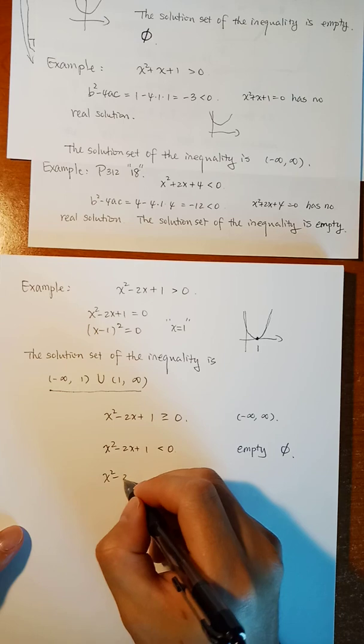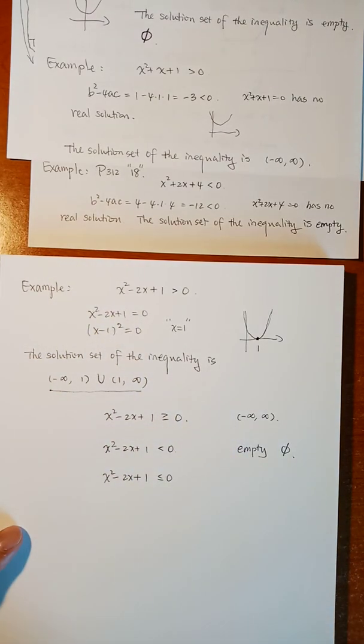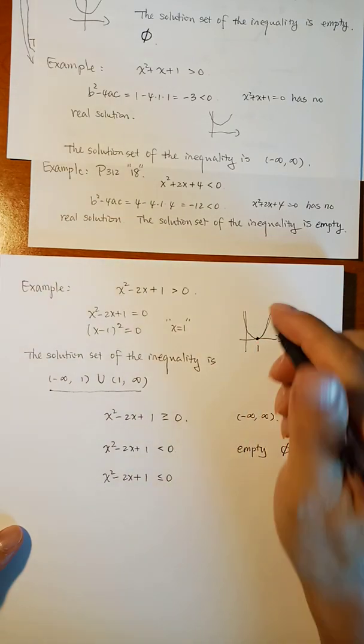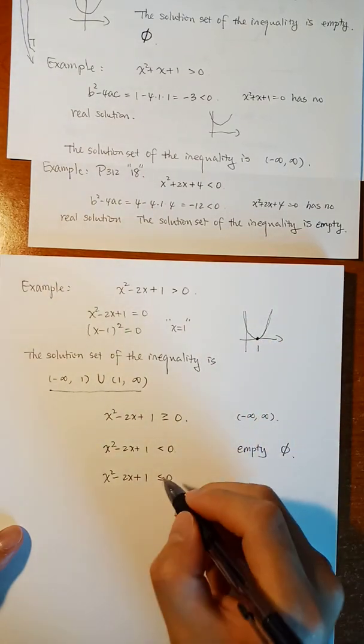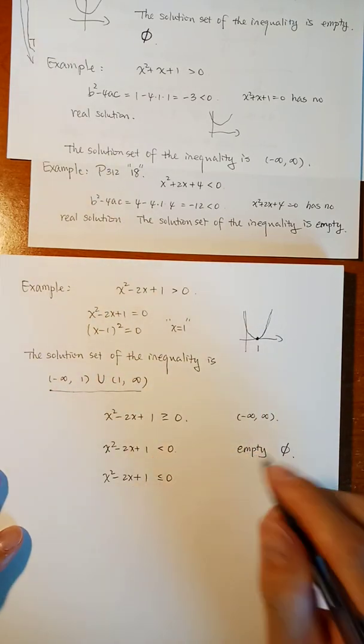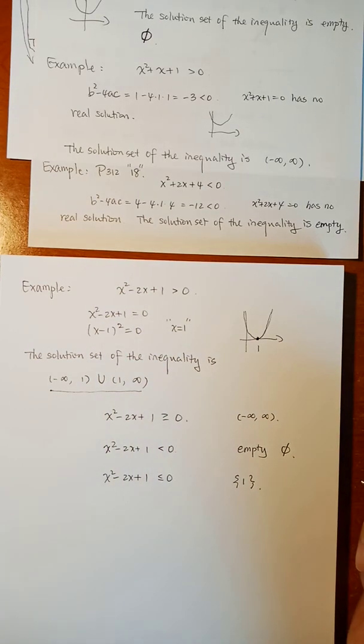And if you get less than or equal to 0, with the equal sign, then there's only one solution, because only this point is just barely equal to 0, but no part is less than, so the solution set is just 1.